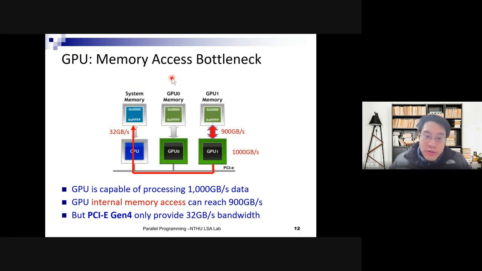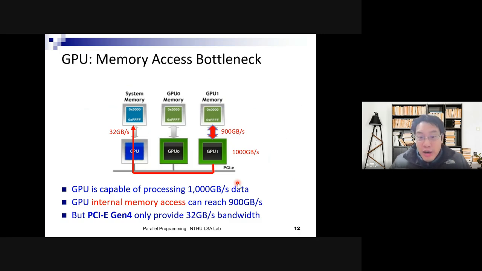And how is it solved? Of course, if it's inside the GPU, then we can use techniques like 3D stacked memory to increase the memory bandwidth and reduce the memory latency.